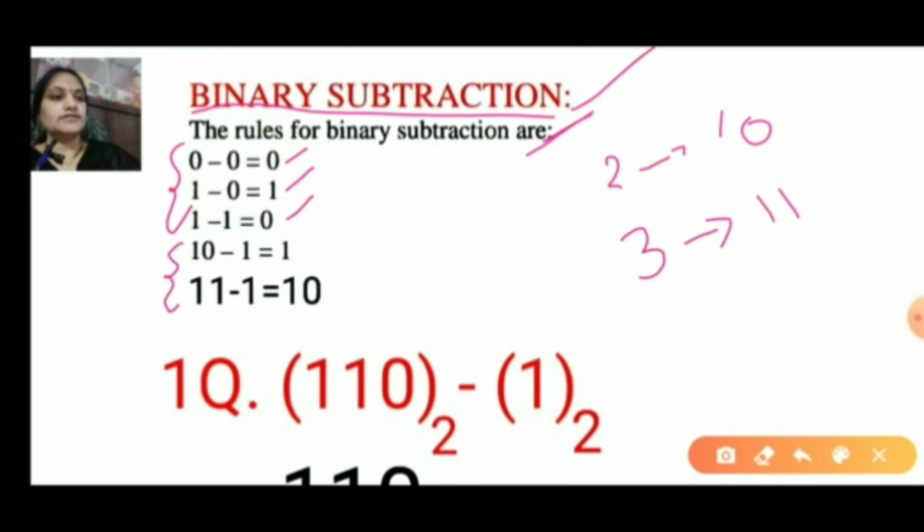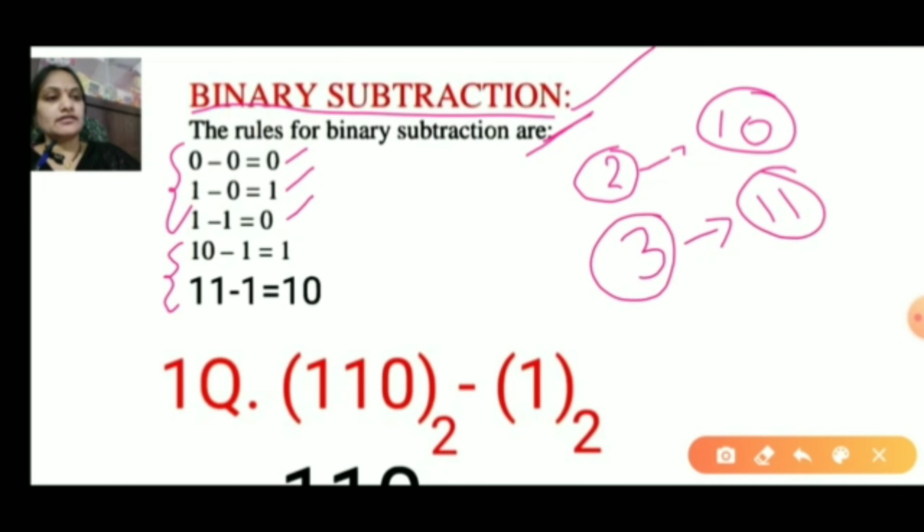Okay. So instead of writing 2, you have to write 1 0, and instead of writing 3, you have to write 1 1. Why? Because the digits 2 and 3 are not present in the binary number system. Okay. In order to write 2, you have to write 1 0, and in order to write 3, you have to write 1 1. Okay. Keep it in your mind.